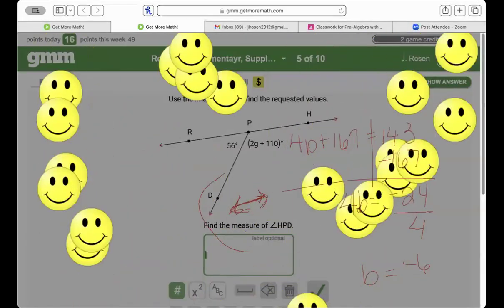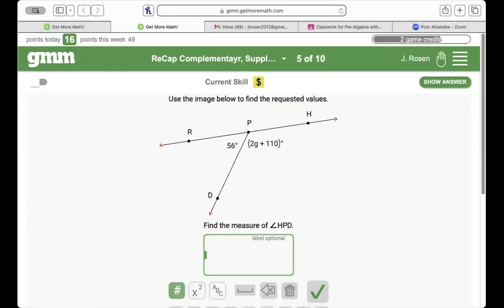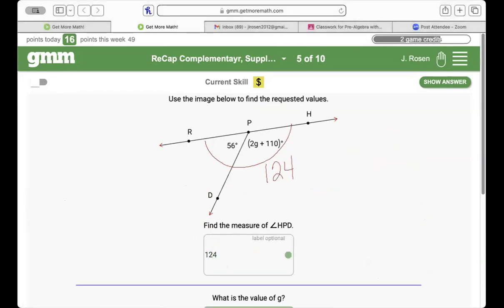Okay. So just pay attention to if we are setting up as vertical, complementary, or supplementary. So again, this one here is 180. So I'm going to take 180 minus the 56. And that gets us 124 as a total. So this piece right here is 124.